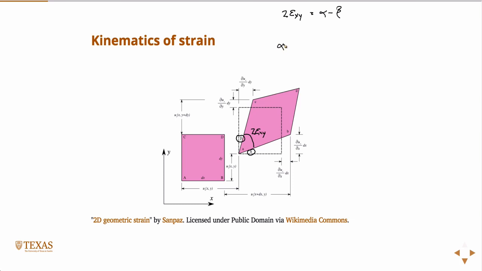And alpha, just from geometry, the tangent is the opposite over the adjacent. So I'm going to take the tangent of alpha. That's the opposite over the adjacent.